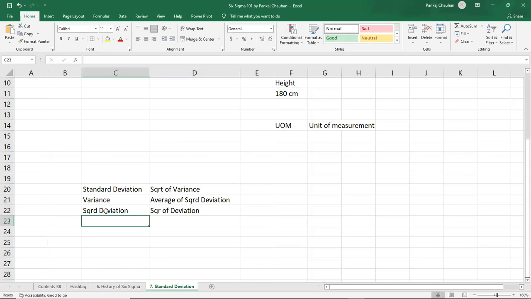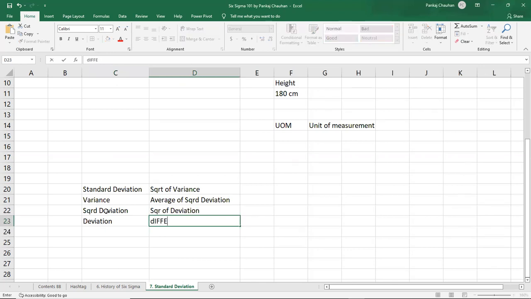Now what is the deviation? When we collect the data, we collect it as individual values, and then we take the average of that data. So if you take the difference of the individual value from the average value, that is called your deviation.